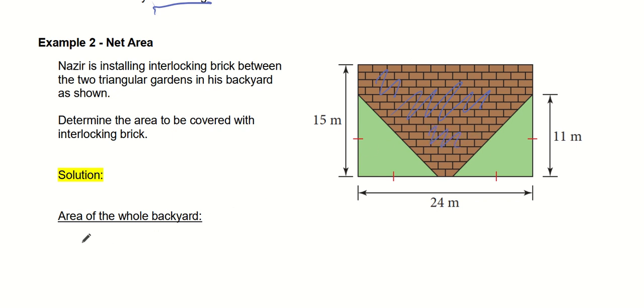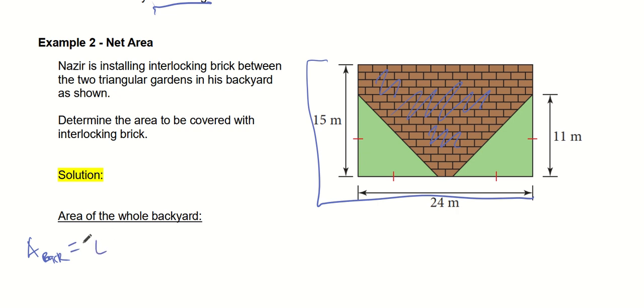The first step in most of these net area problems, you have to be creative to understand and solve them. I can tell right away that I want to find the whole area of the backyard. So we're going to do the area of the backyard, or just call it area back.